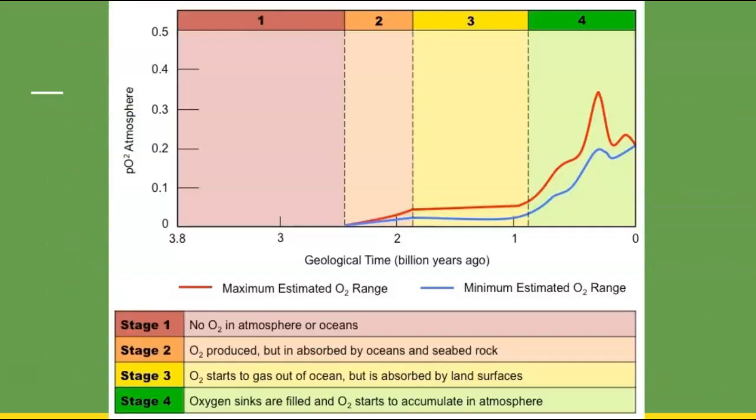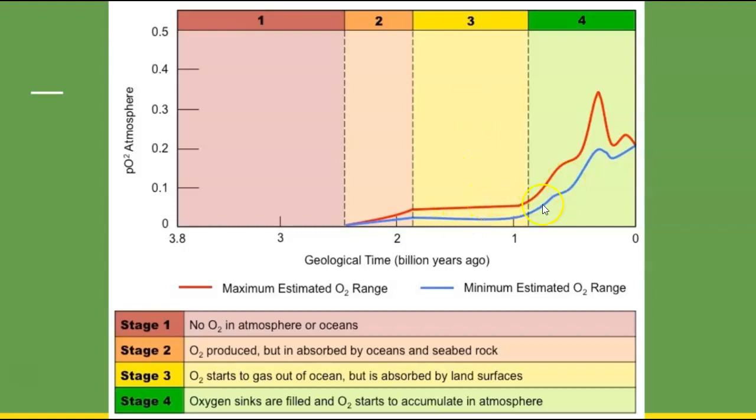So again, this is just showing you a timeline. In this area, we have no oxygen in the atmosphere. In this area, we are starting to have an increase in oxygen, but it's mostly being absorbed by oceans, and you're forming that iron oxide. Eventually, you get too much oxygen formation in the oceans and it starts to bring itself into the atmosphere.